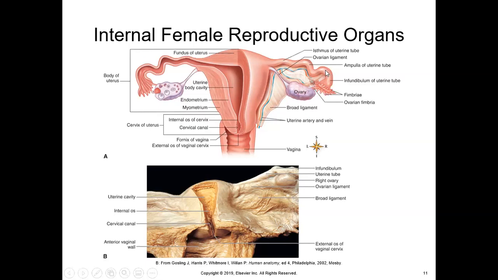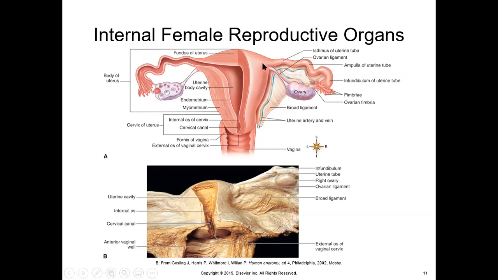Once the egg is released, if sperm are there or it meets a sperm in this area, then it gets fertilized, then the egg travels and implants into the uterine wall. If there is no fertilization, then the egg, once it's released, it takes about 24 hours for it to travel down this area.